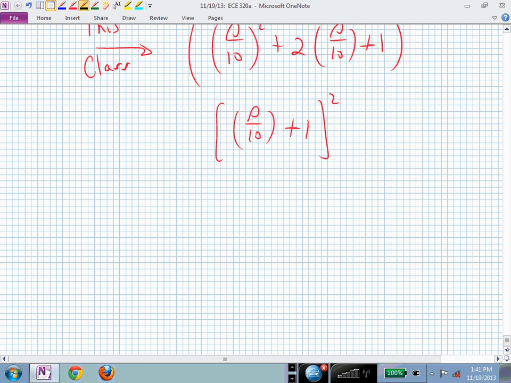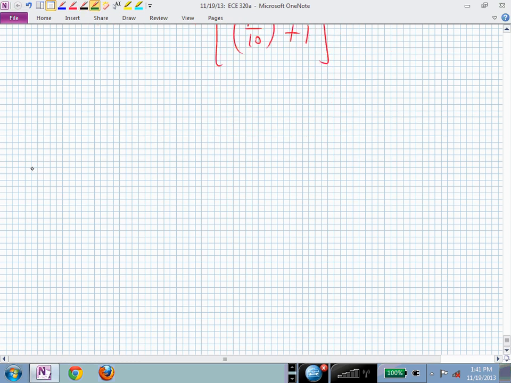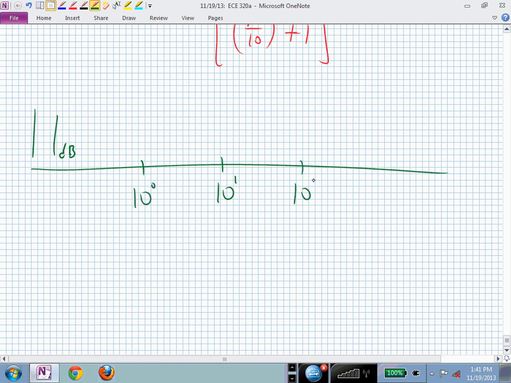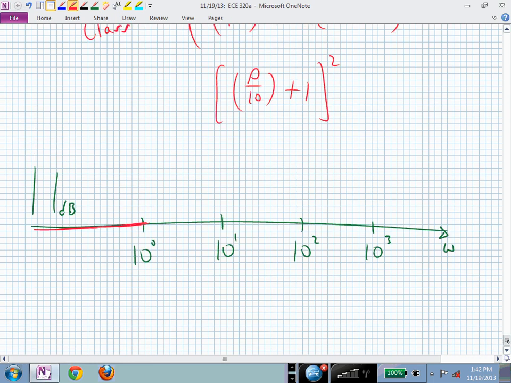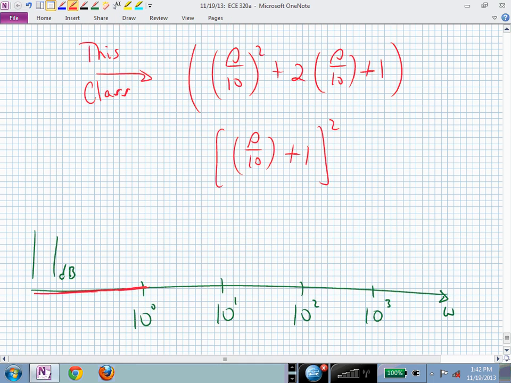If we now looked at what we have for this particular case, our magnitude, what do we sketch? I'll do the easy part. It's 0 dB until where? For this particular factor, till we reach 10, right?